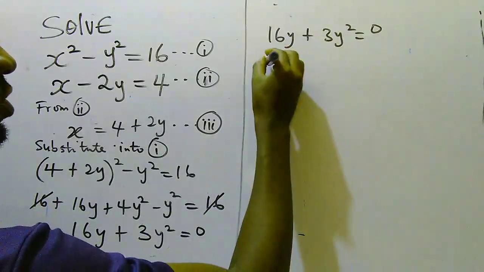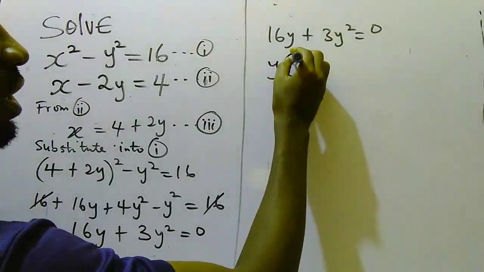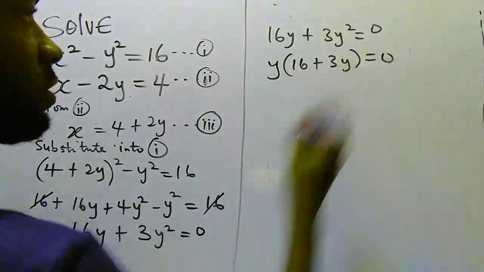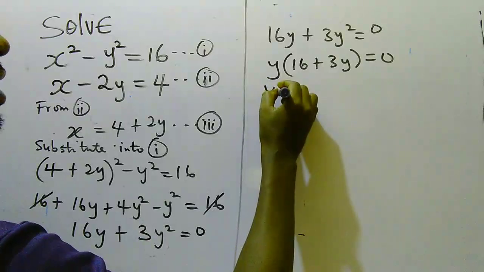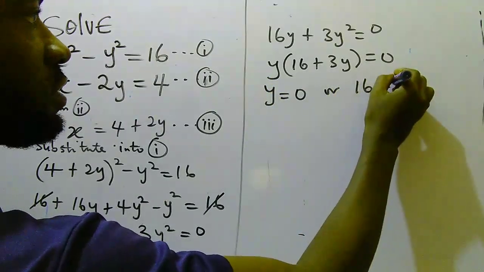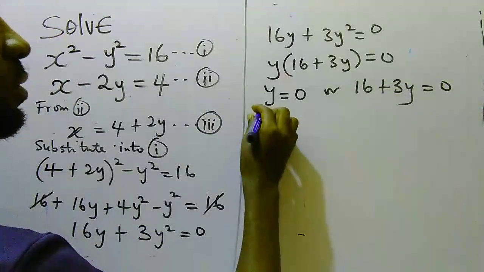So what's common between these two? I know y is common. So since y is common, I'm going to have y times 16 plus 3y equal to 0. And this means that y is equal to 0, or 16 plus 3y is equal to 0.